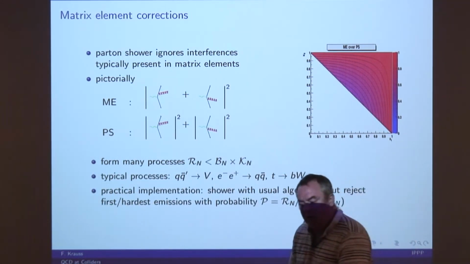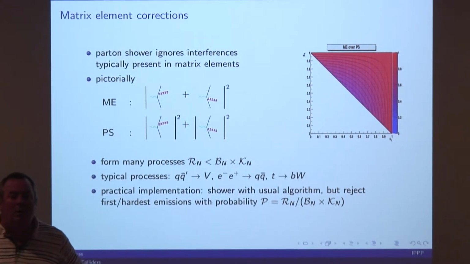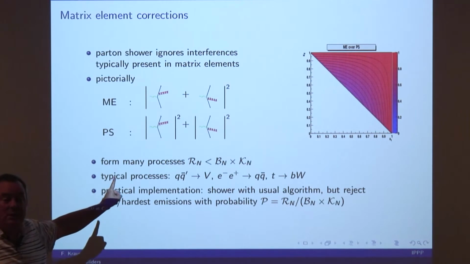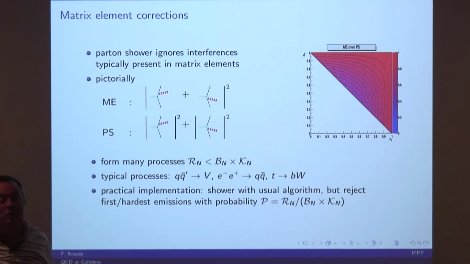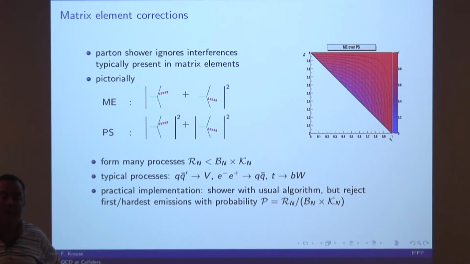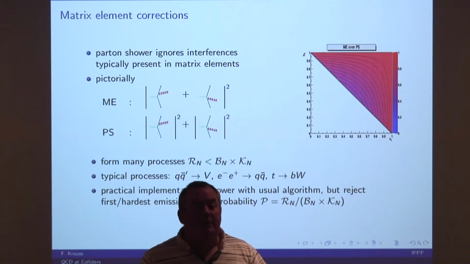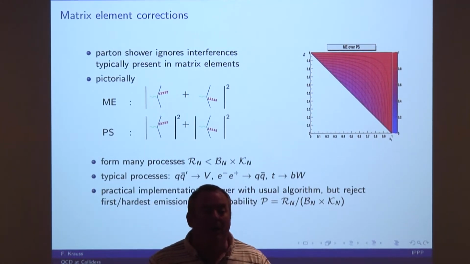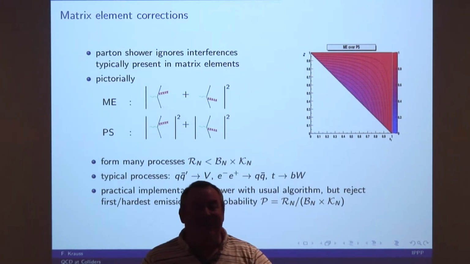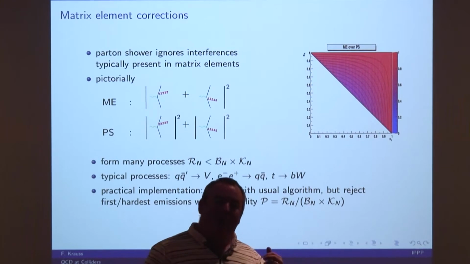Sure. In this process, yes. This is not generally true. Exactly. There are other processes where it's a quantum interference. It can go either way. And if you're lucky, the interference is negative, and then you can do the reweighting.